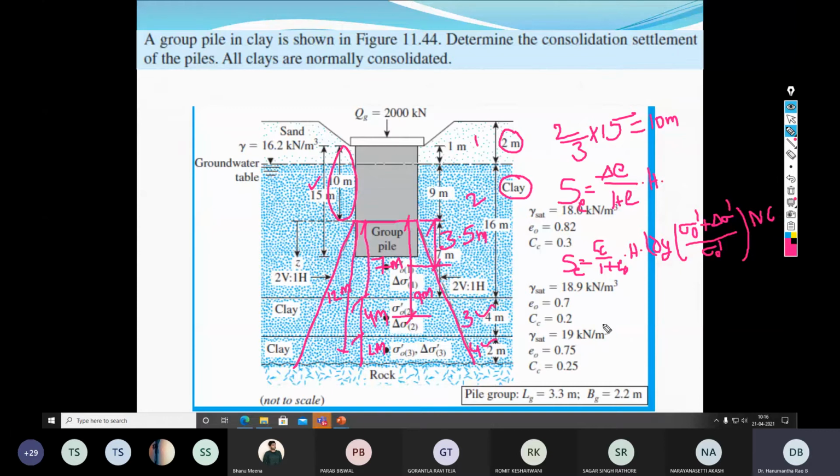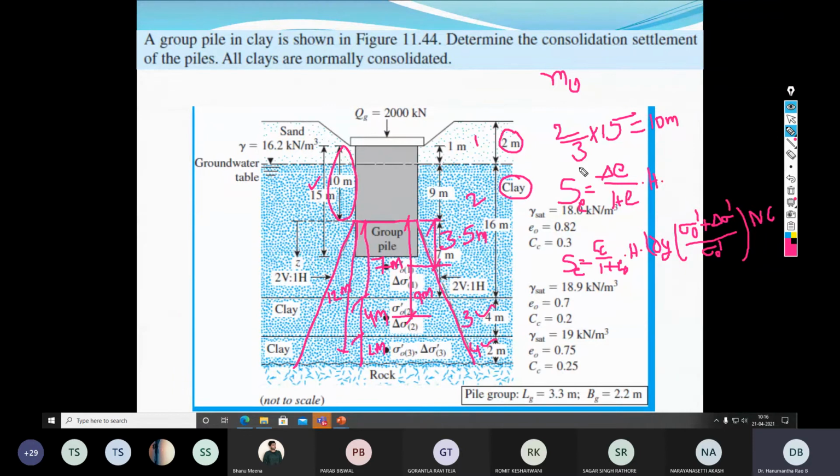Now, suppose in this sum the compression index has been given, but instead of the compression index, if I give the mv, then how shall I calculate the consolidation settlement?